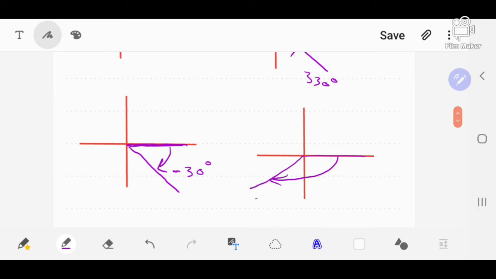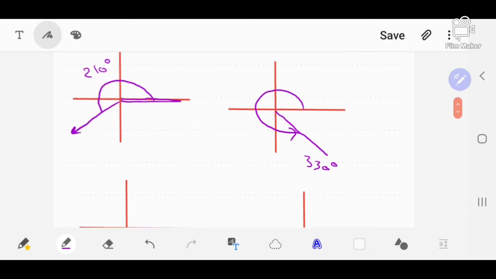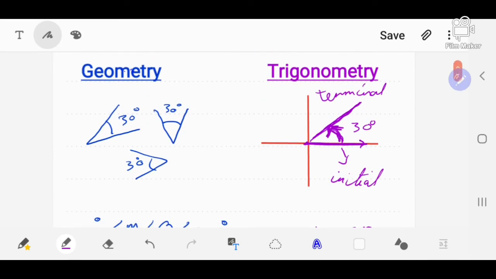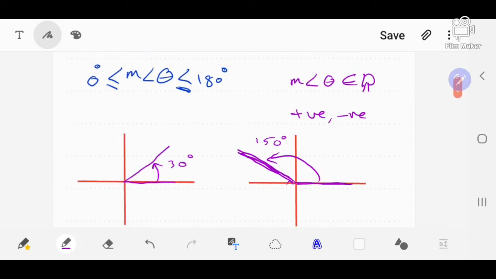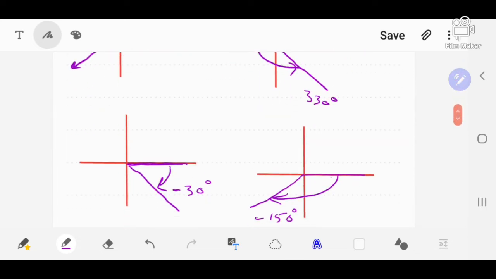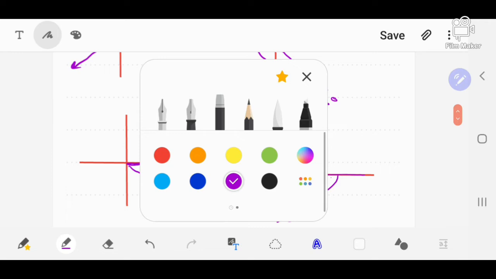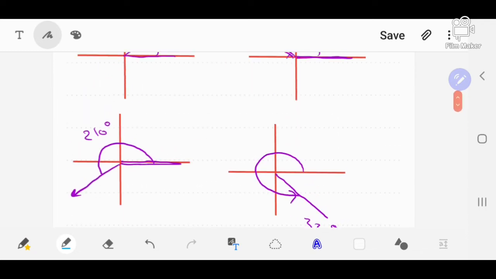Well, these are the main differences: the position of the angle and the measure of the angle. But there's something interesting that I want you to notice here, because that's an important thing to know. Look at me when I did these drawings. This was 30 degrees.